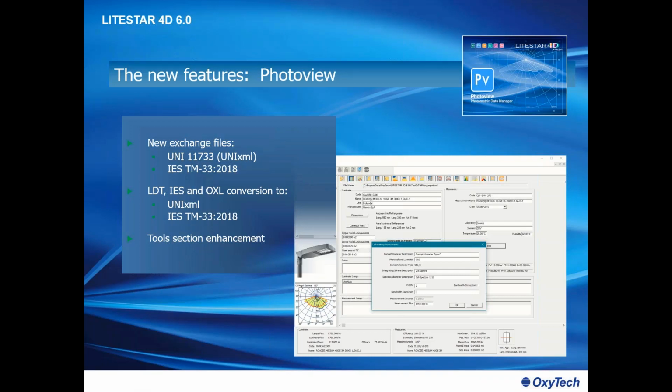This file has a peculiarity that was developed together with the Americans of the IES, and they introduced the TM-33. It means that both files are almost exactly the same. There is only one part, the 6th part, which was developed together with the Americans, and this part is related to the different standards that any country could add to the files.